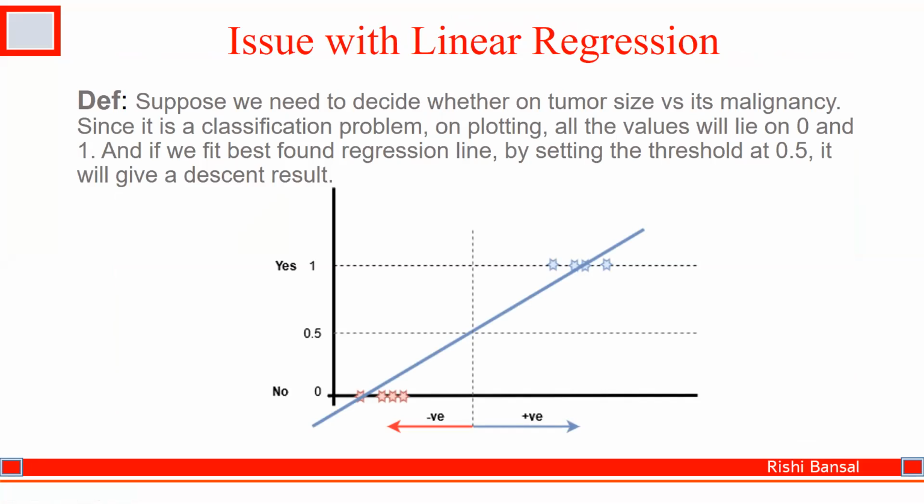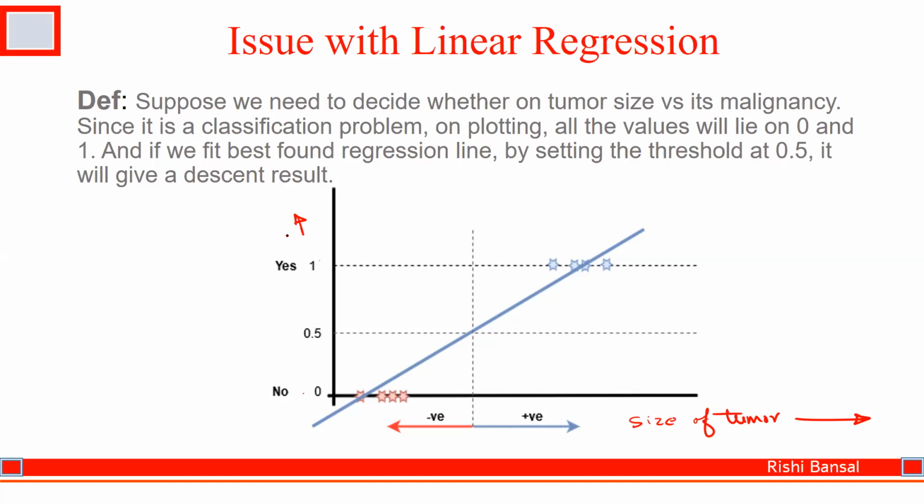So first of all, we'll understand what this graph is. Suppose this axis is the size of tumor, which is the independent variable, and on the right axis it is the probability, from 0 to 1.